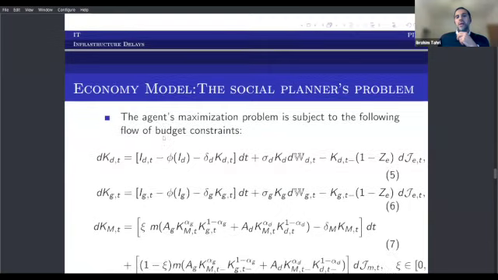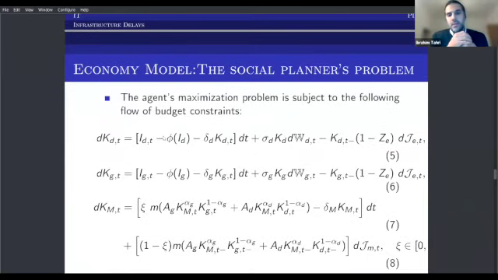Here I show the different laws of motion, which represent the laws of motion of capital, both the private capital and the public capital. They are represented as jump diffusion processes. This is for the private capital, the dirty and the green. They are both represented as diffusion jump processes.